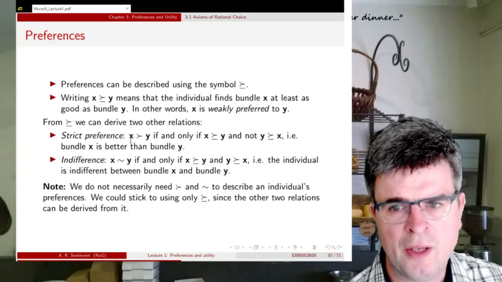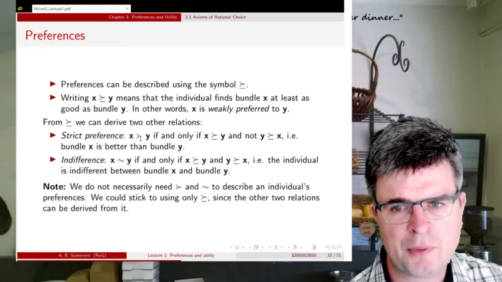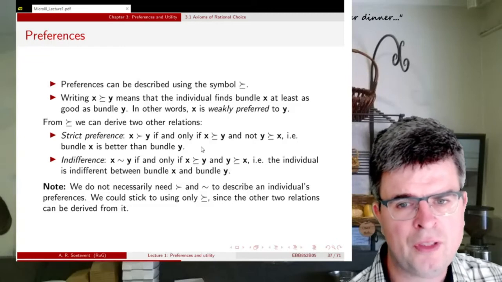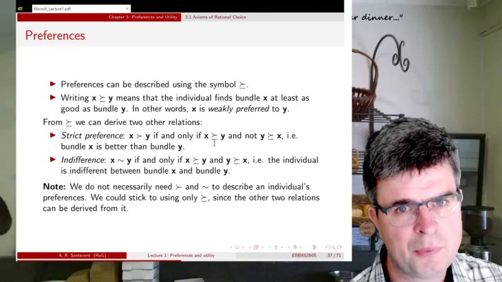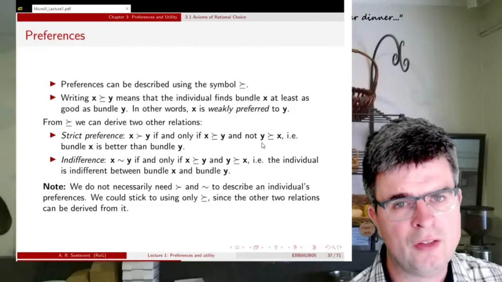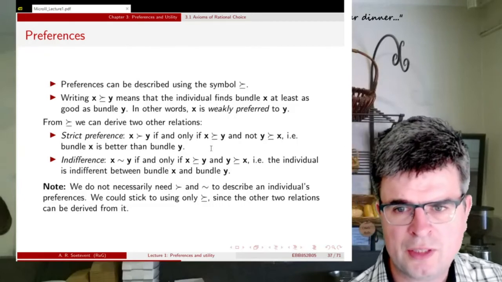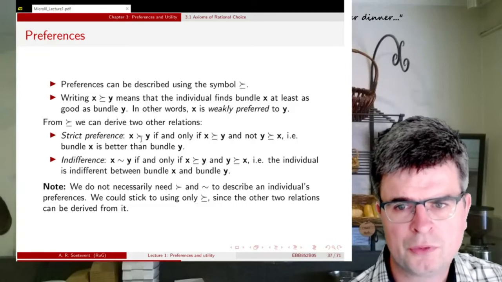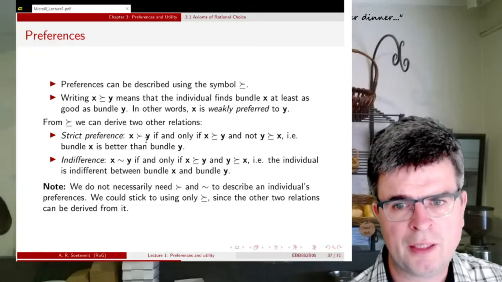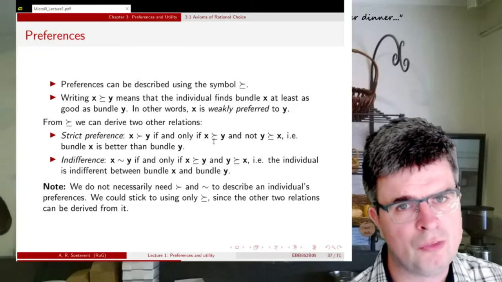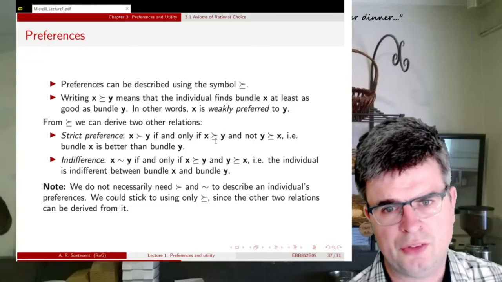So we can write X is strictly preferred over Y if and only if X is weakly preferred over Y, and it doesn't hold that Y is weakly preferred over X. So you can see that the strict preference relationship can be defined in terms of the weak preference relationship.